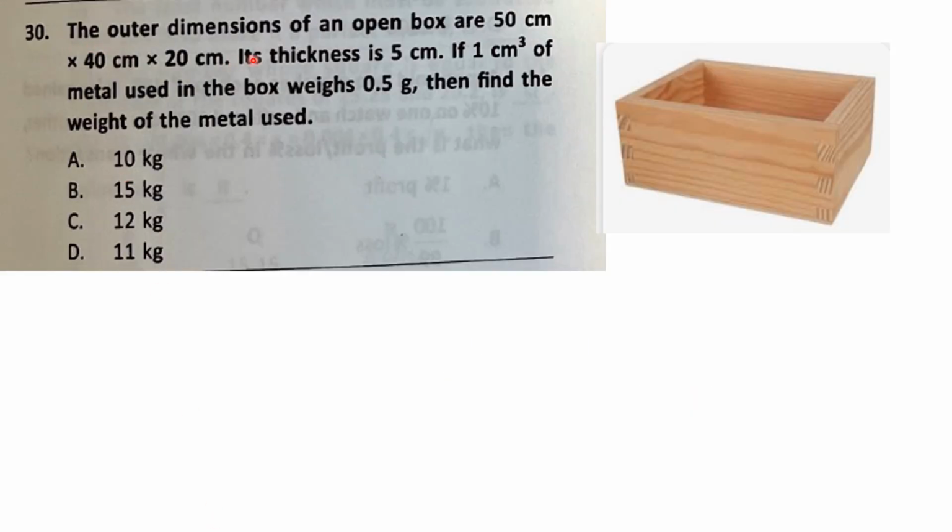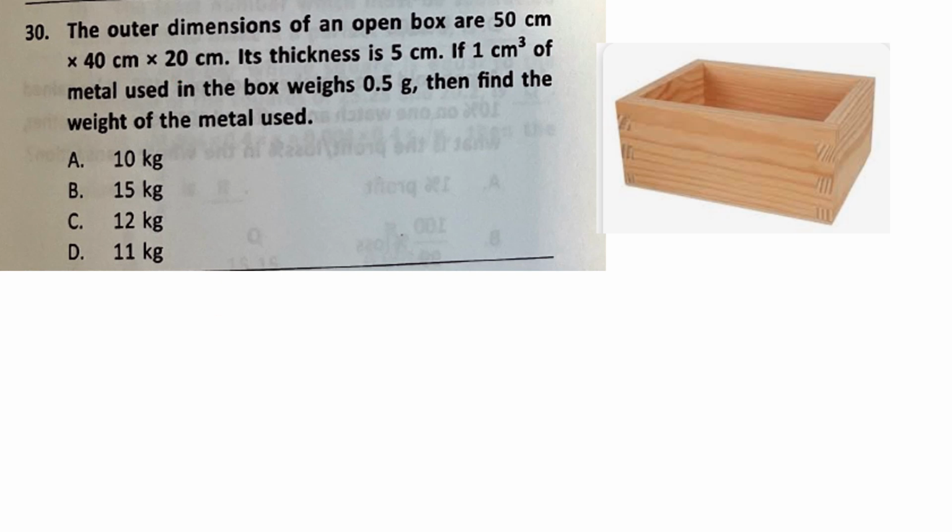Question number 30. The outer dimensions of an open box are 50 centimeter into 40 into 20. Its thickness is 5 centimeter. If 1 centimeter cube of the metal used in the box weighs 0.5 gram, then find the weight of the metal used. So here outer dimensions are given. So outer length is given as 50, breadth is 40 and height is 20.